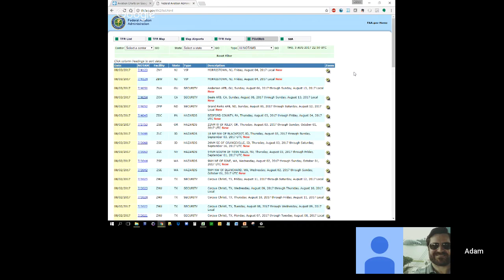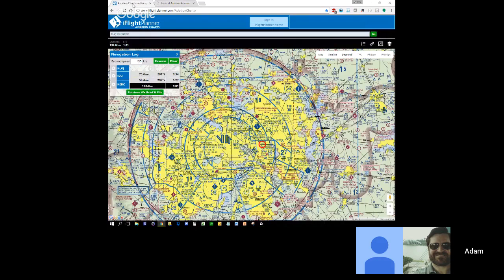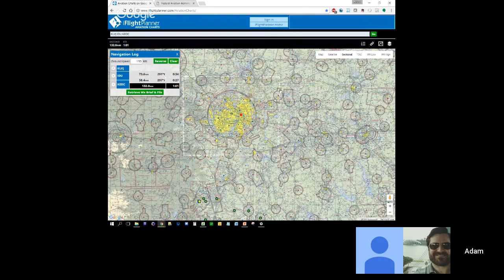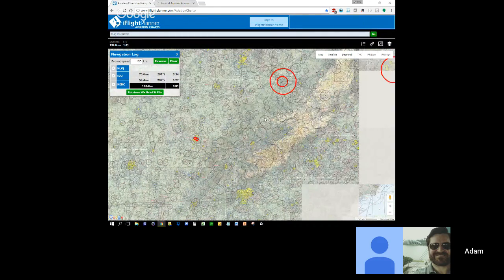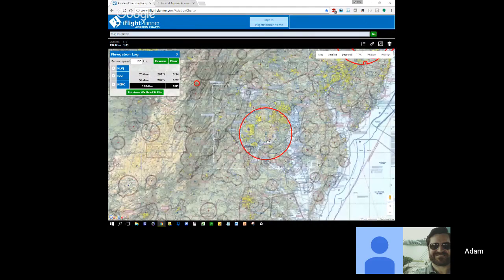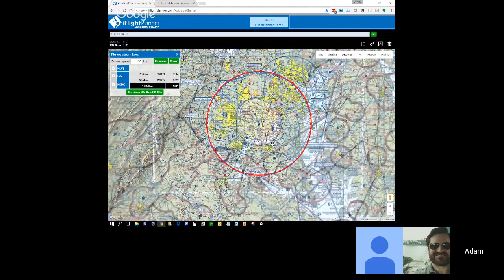They will establish TFRs over every airspace that the President of the United States is over. So, for instance, if we go over to Washington, D.C., if President Trump is currently there, so here's the temporary flight restriction over Washington, D.C.